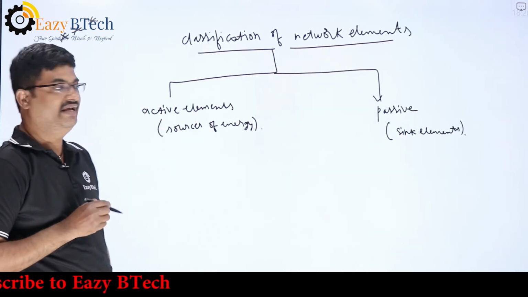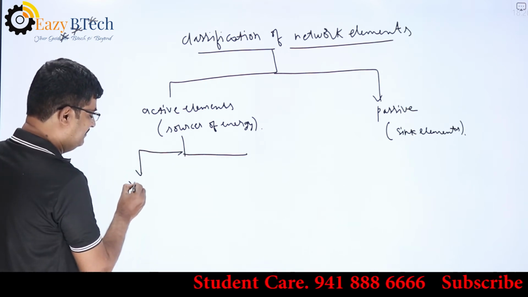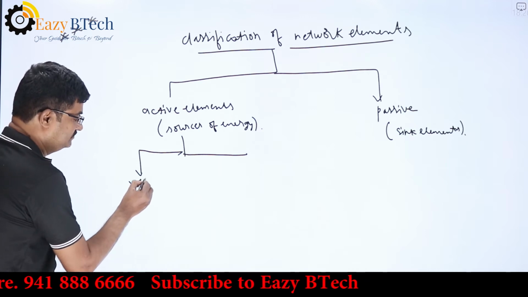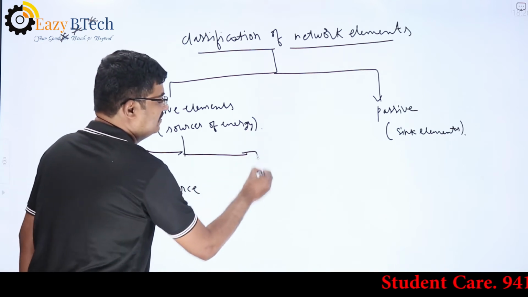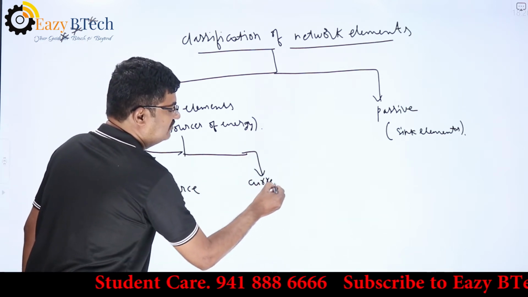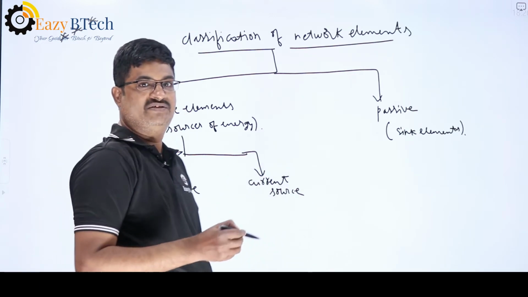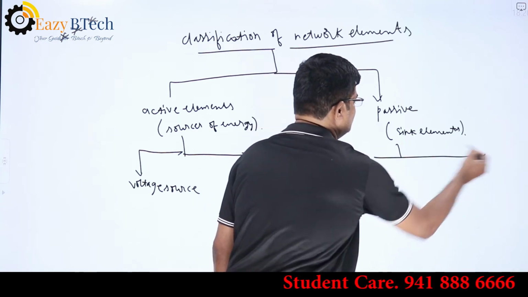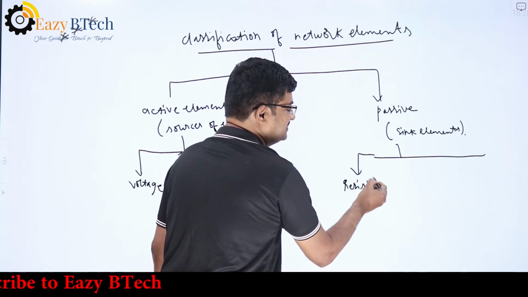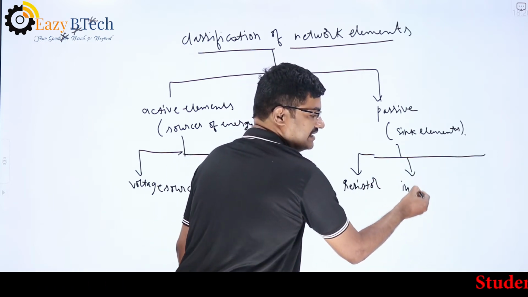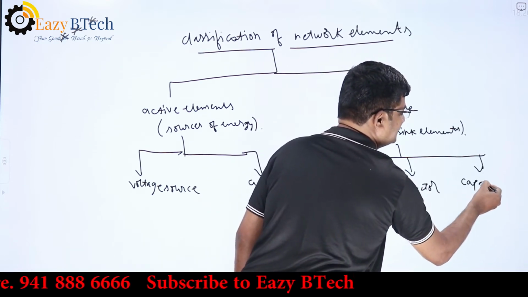On further classification, active elements include the voltage source and the current source. Passive elements are further classified as resistor, inductor, and capacitor.